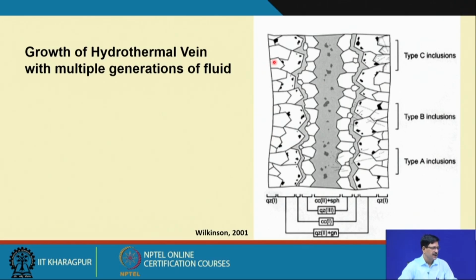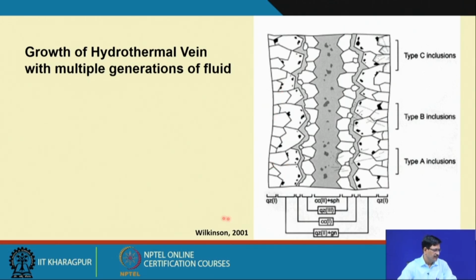In this diagram, you can see a typical example of the formation of hydrothermal veins in normal crustal rocks in response to fractures, their fracture filling. We see that the first generation of quartz was deposited on the fracture wall. Then there was a second phase of fracturing and fluid flow, in which the second generation quartz precipitated from a fluid, and that fluid could eventually be trapped as secondary inclusions in the earlier generation quartz, and so on.